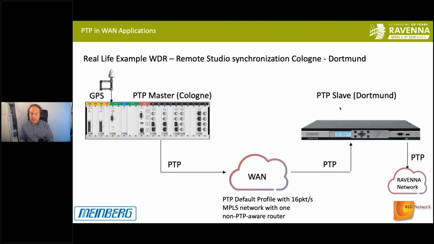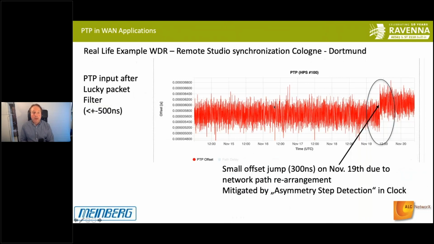This PTP signal has been sent, and locally the PTP output is serving the RAVENNA network for the radio production there in the studio. And over this connection, you have an offset variation of around plus minus 500 nanoseconds.